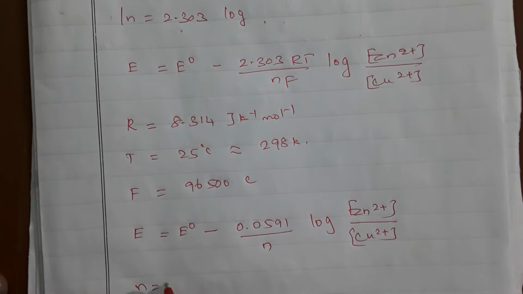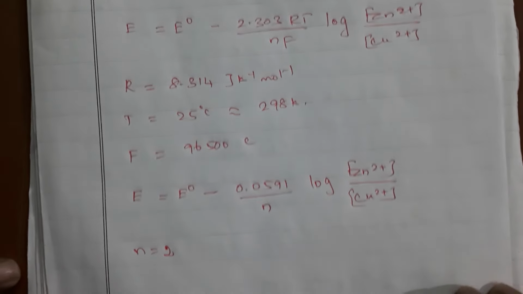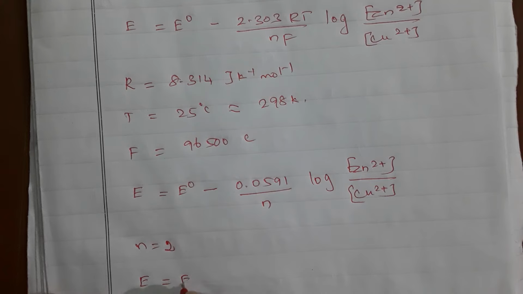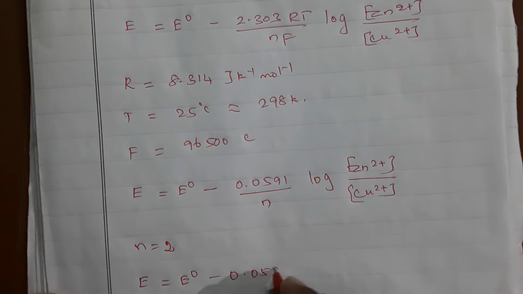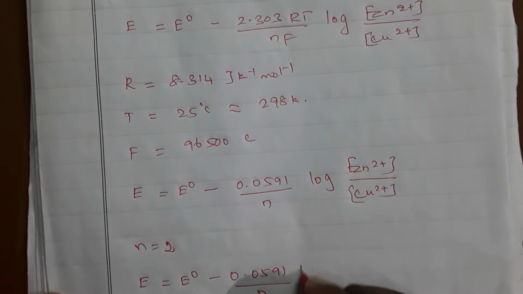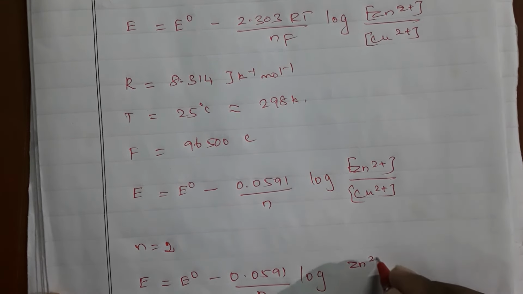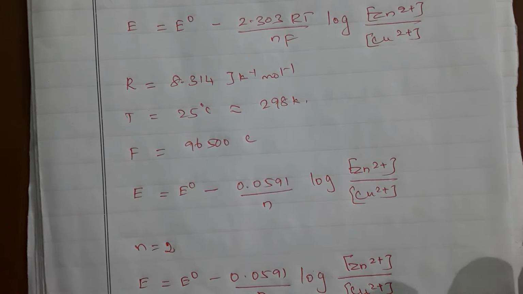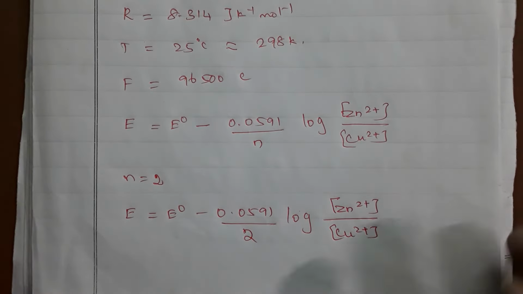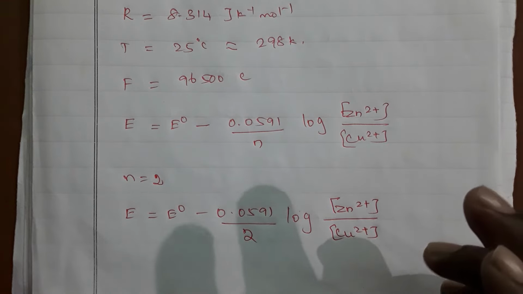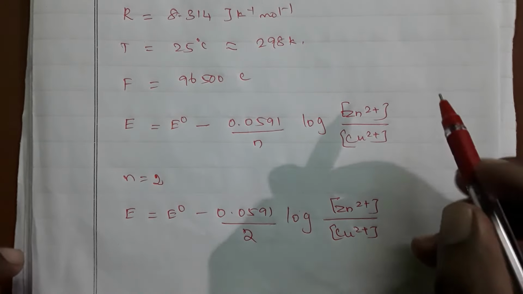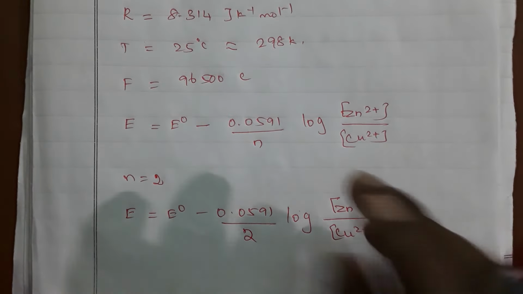Here the n value is 2 because 2 electrons are involved, lost and gained. So E is equal to E naught minus 0.0591 by 2 log of zinc 2 plus by copper 2 plus. Now this is the Nernst equation for the copper and zinc reaction. This is a generalized form: above is the oxidized form, below is the reduced form.